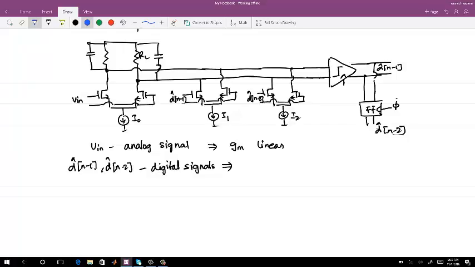If you are able to steer the current properly without doing anything crazy due to channel length modulation and other effects, that's fine. So all the tap cells or DFE taps can be non-linear.